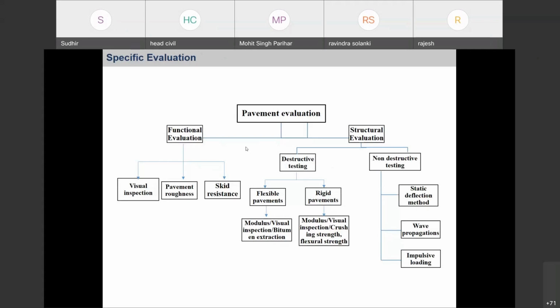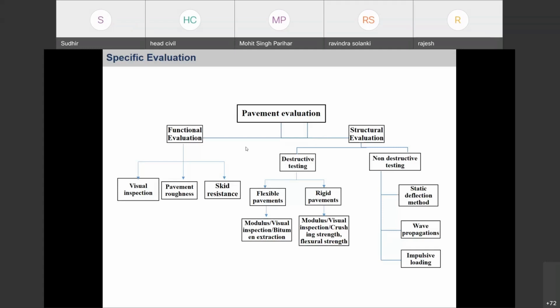Whereas if we talk about non-destructive testing in structural evaluation, you might aim to obtain in situ material properties. It's in situ because you're not taking material out to the lab to test, but you're actually obtaining the material properties in the position the material is in the field.